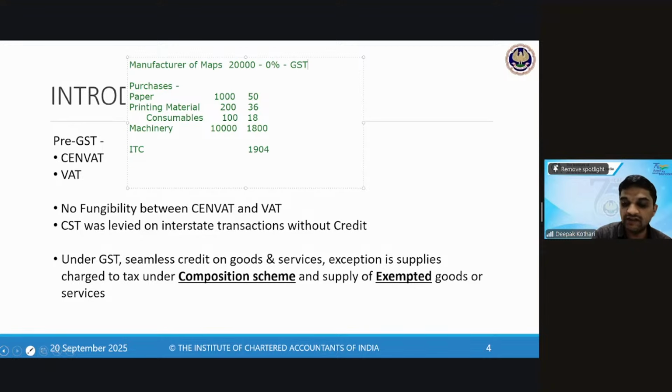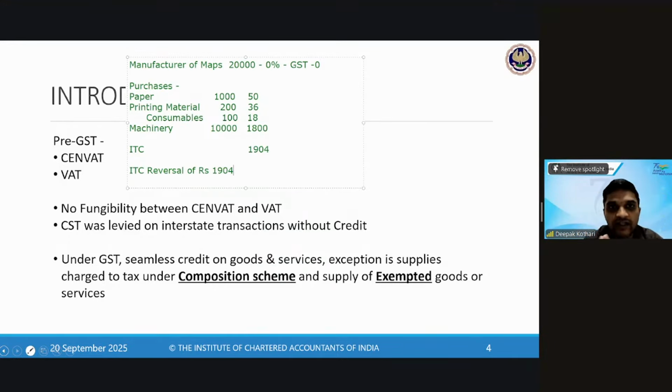So GST he will pay 0 rupees. 20,000 sale, GST is 0. Now whatever purchases are made, this is his ITC. Can he claim it? He cannot claim it because when a person sells any exempted goods, he cannot claim any ITC. So he has to do the ITC reversal of rupees 1,904. He's not doing any other business. He's doing only manufacturing of maps, and the GST rate on maps is 0%.